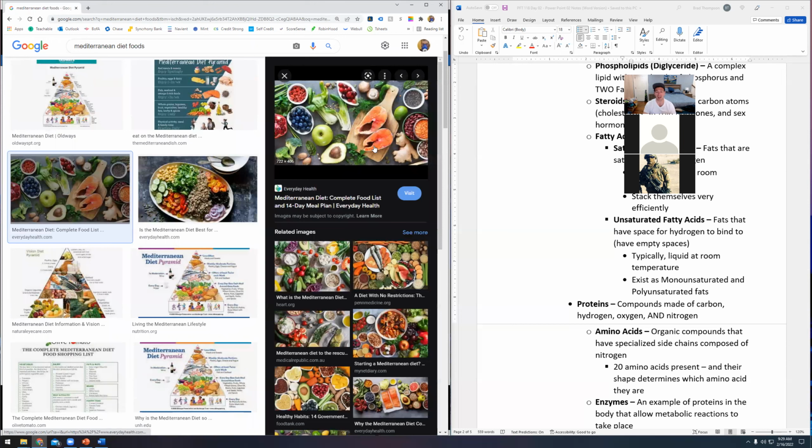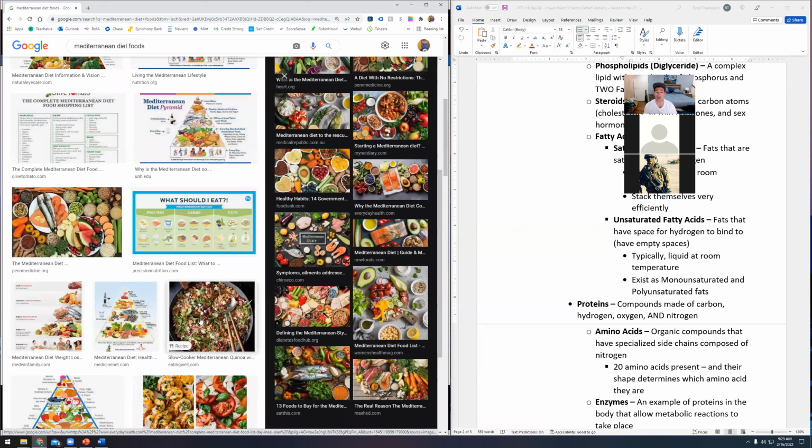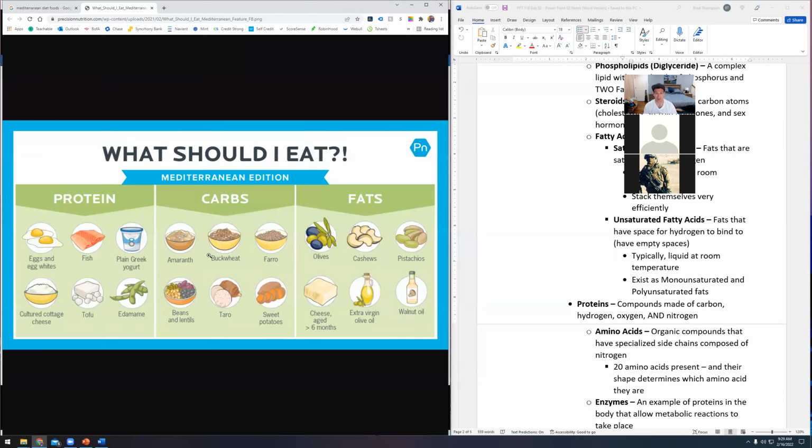You see it's a lot of fish, a lot of greens and a lot of colors and stuff, right? So when they're getting lots of fat in their diet, they're mostly getting unsaturated healthy fats, right? And they get plenty of grains in there too, but they're all very complicated carbohydrates, and that's very, very healthy, right?